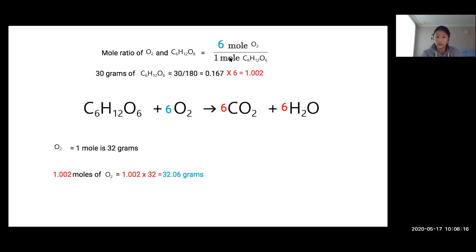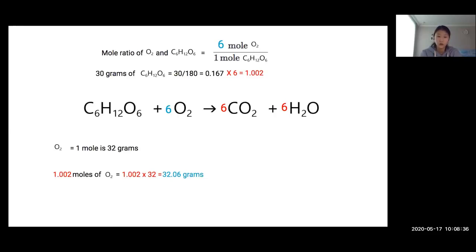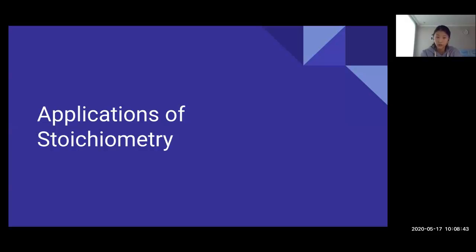Because of the mole ratio, we would multiply that by 6, and that would give us 1.002 moles of O2. So now we would multiply the number of moles with the number of grams of O2, which would finally give us 32.06 grams of O2 if we had 30 grams of C6H12O6.